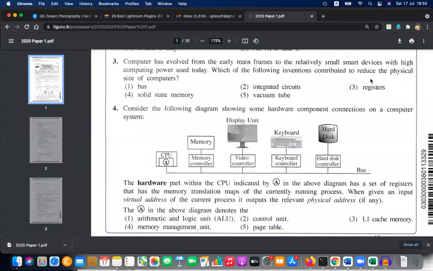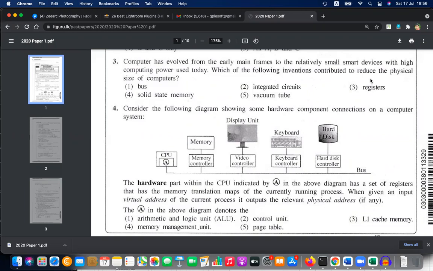Yes, bus is basically where data travels. Buses are data paths, where the data traverses, the data lines, signal lines. ICs, yes, integrated circuits, introducing integrated circuits has drastically reduced the size of computers or computing devices.